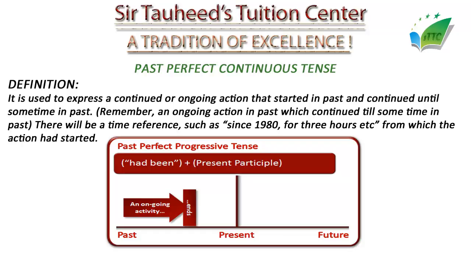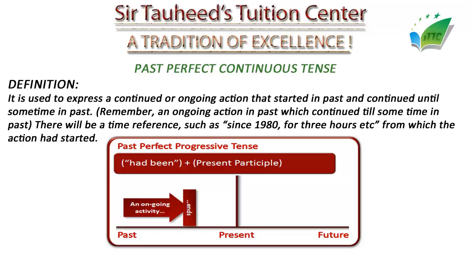And we also have to describe how long this action went on. You have to describe this time with the help of since or for. These prepositions are used to describe a starting point or period of time in the past actions.